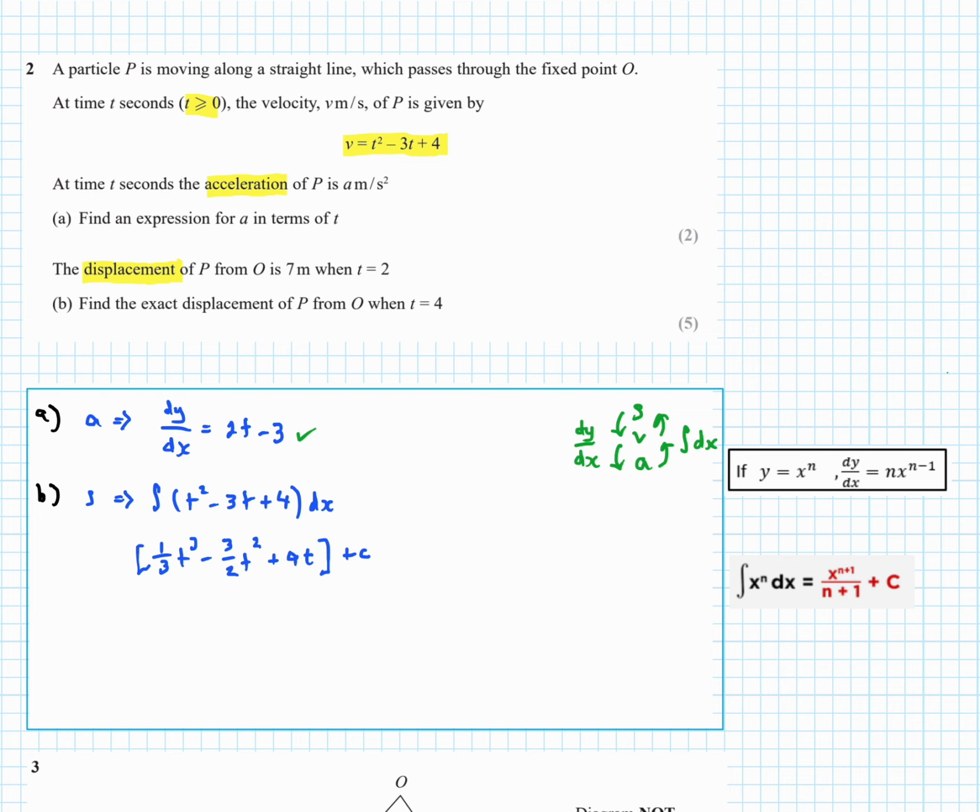And we're given more details from a point of 7 meters where t would be 2, and then there's another part as well where we delve in further where t is equal to 4. Putting your t as 2, it looks like we're going to solve for c, doesn't it?